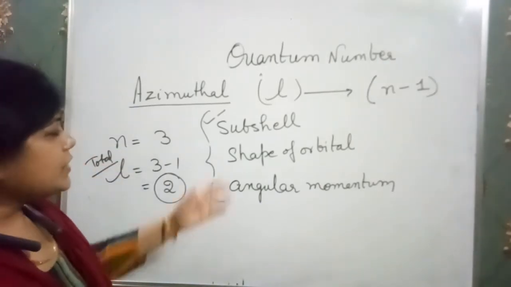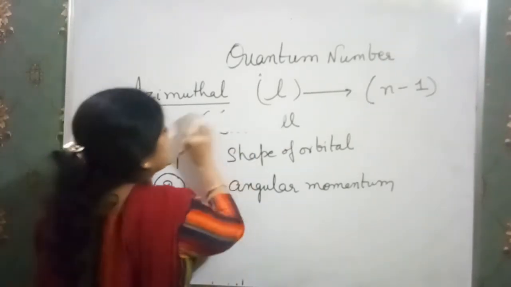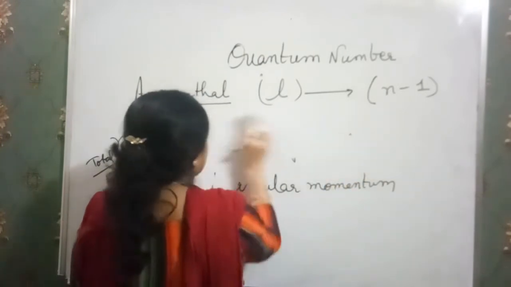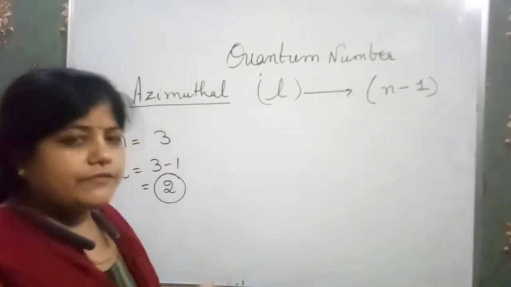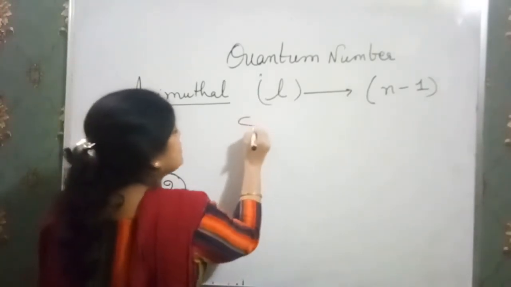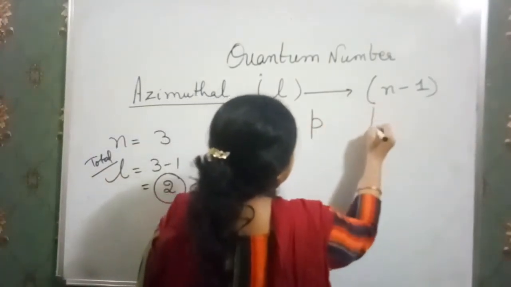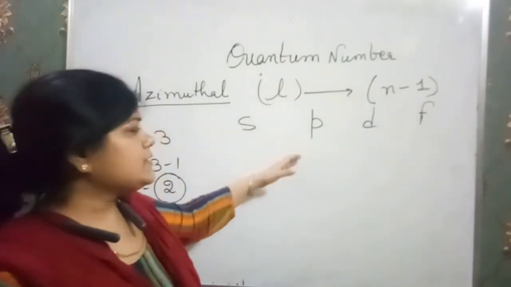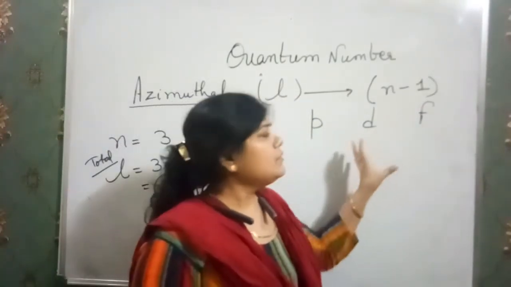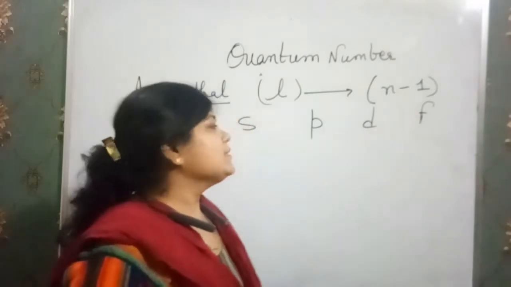Now, what is the shape of the orbital and so on? I am just going to explain to you. There are different types of orbitals: s, p, d and f. S is a round shape, p is dumbbell shaped, and d and f are the two complex shaped orbitals. Okay.